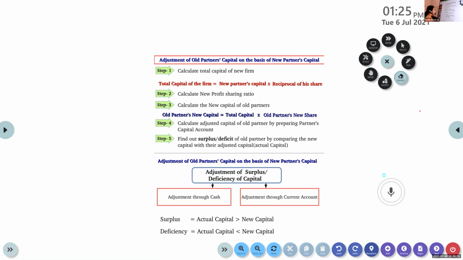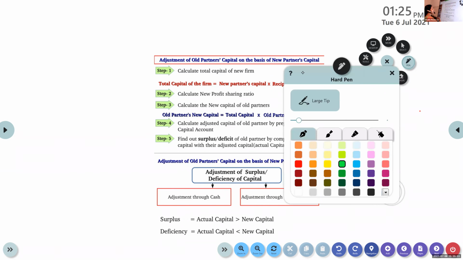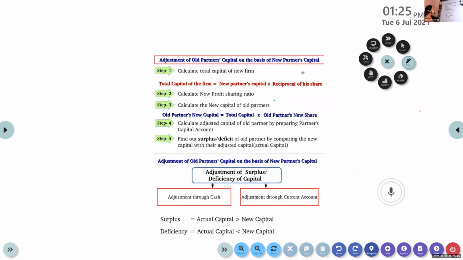We have found out the total capital of the firm this way. Now we'll find new capital of old partners. That is total capital got from step 1 into old partners' new share. We have calculated the new profit sharing ratio also. So we multiply the total capital got from step 1 into the new profit sharing ratio.